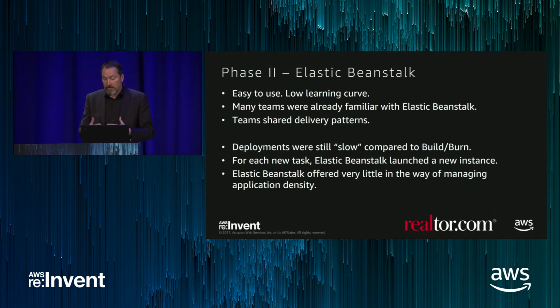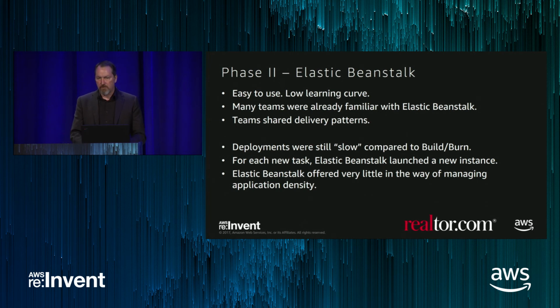So that pattern took off like wildfire. It was easy to use, very low learning curve. Most of the teams were already familiar in some way with Beanstalk. And the cool thing was that the teams now started to share their delivery patterns across those organizational lines. Now we've got teams of developers actually talking to each other, solving a common problem.